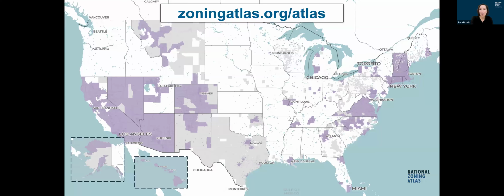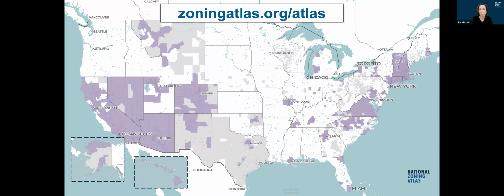So with that, I just wanted to preview a map that you'll see a couple times throughout the course of the presentation, but this is the National Zoning Atlas itself. So we achieve our mission by reading tens of thousands, in fact, hundreds of thousands of pages of zoning codes, and put that information that we extract up on the map. You can see in this map the purples and the grays, and what that tells you is these are places that we have actually analyzed.